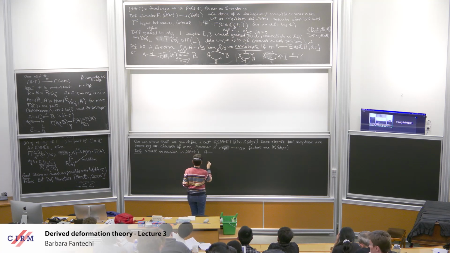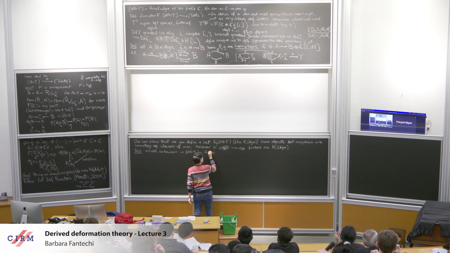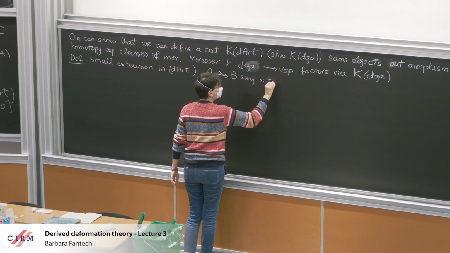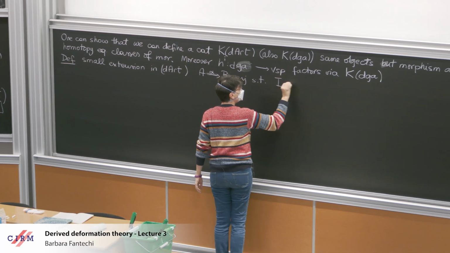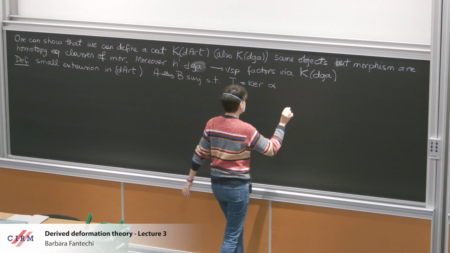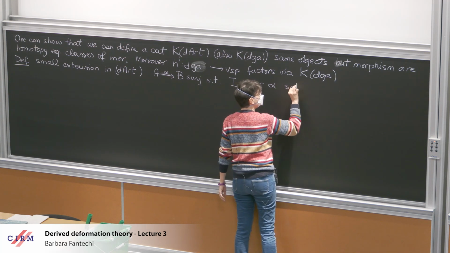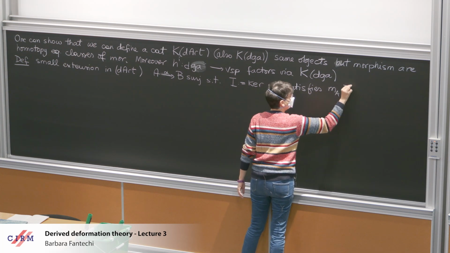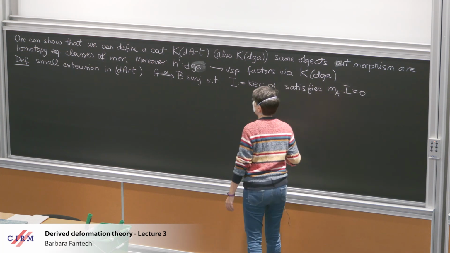Okay, so what is a small extension? It is a surjective map such that the kernel I satisfies m_A times I is equal to 0.